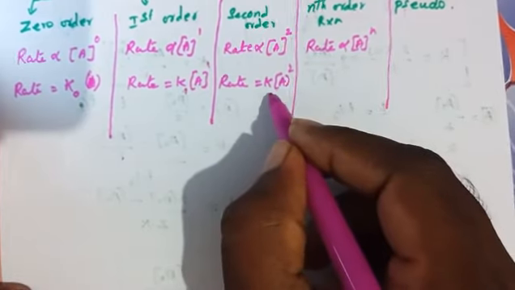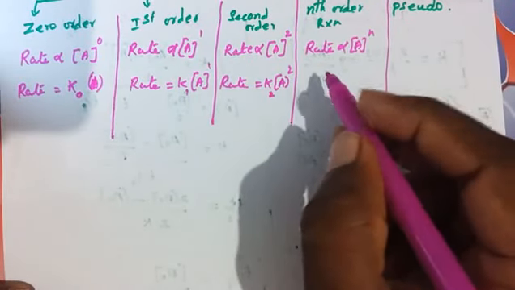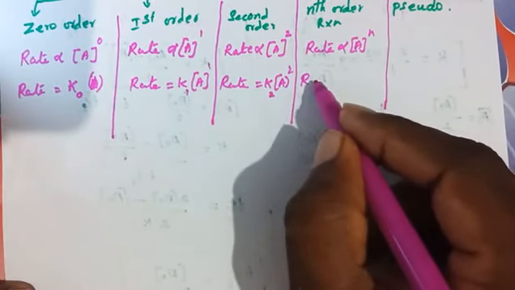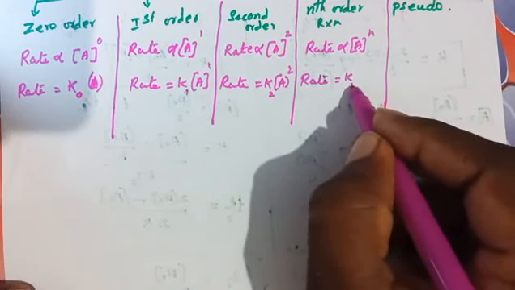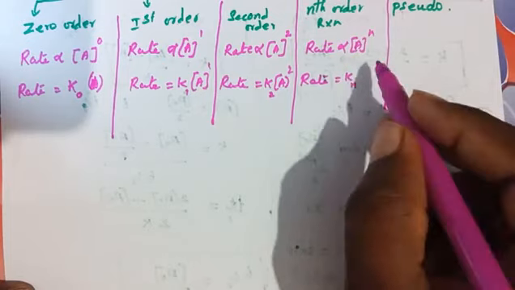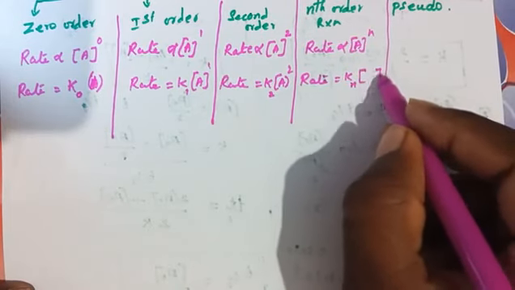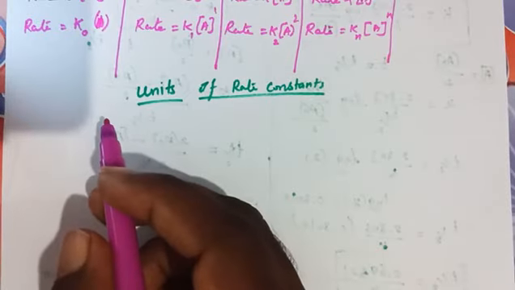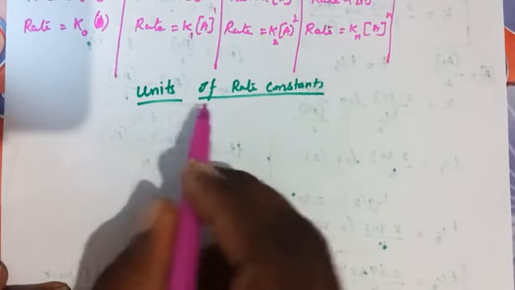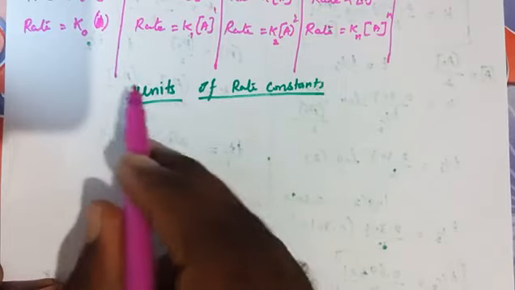Here k is mentioned as k2. In a similar way, for nth order reaction, rate is equal to kn into concentration to the power n. It is always possible to find the unit of the rate constant from the above terms.